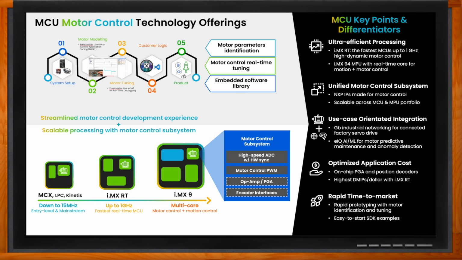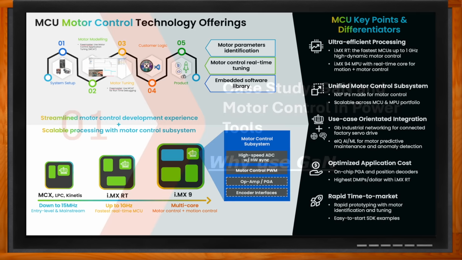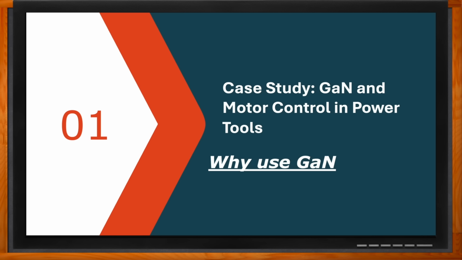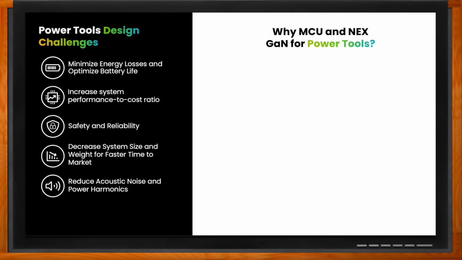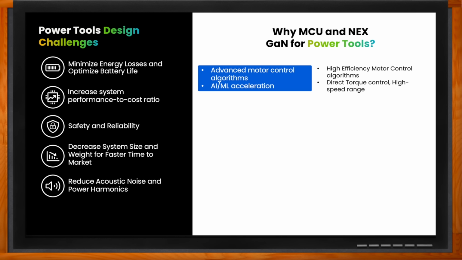Why should we use GaN solutions? What kind of benefits does GaN bring to the table specifically for power tools? With advanced motor control algorithms that have been around for a couple of decades now, the high-efficiency motor control algorithms essentially sense the power amplifier and what it has to do with the motor, and they will adjust accordingly.